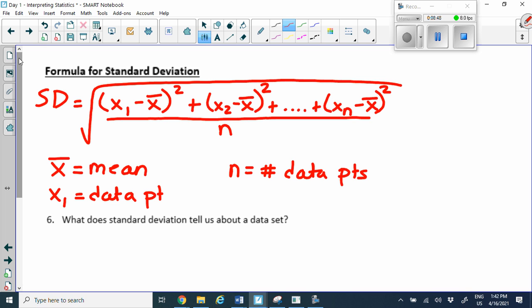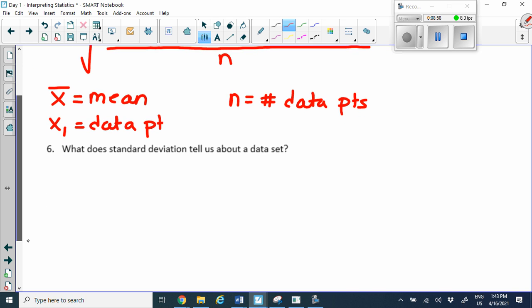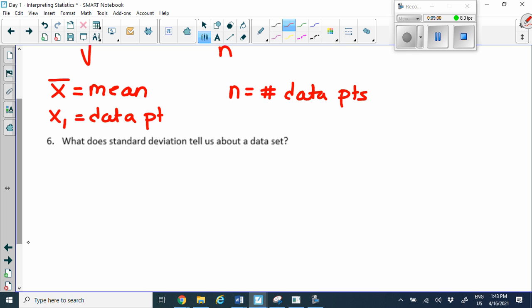Now, let's do our last thing where it says, what does standard deviation tell us about a data set? Well, let's think about this, right? Standard deviation is talking about the spread of data. It basically tells us how spread out data points are.